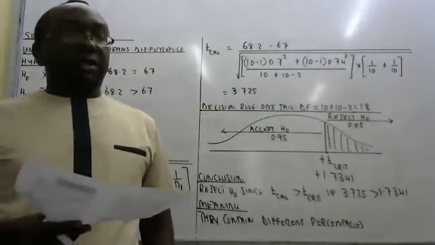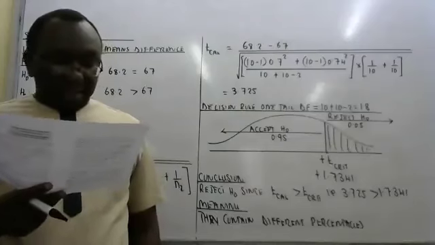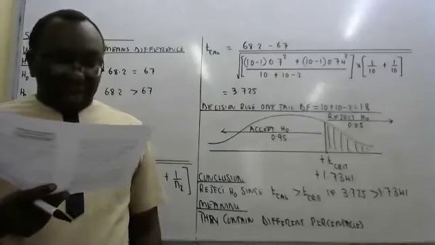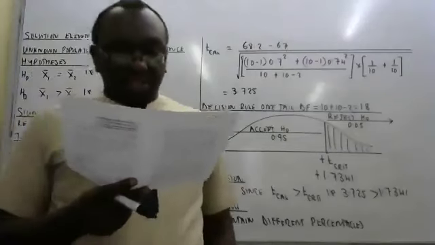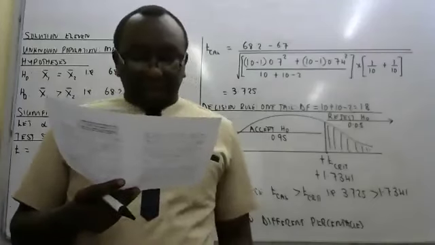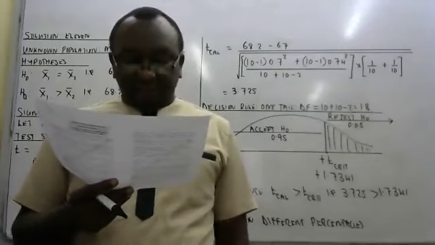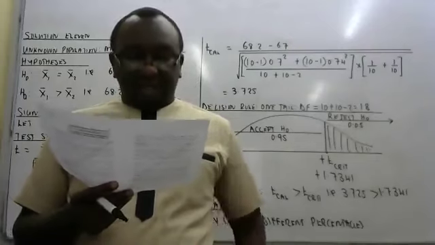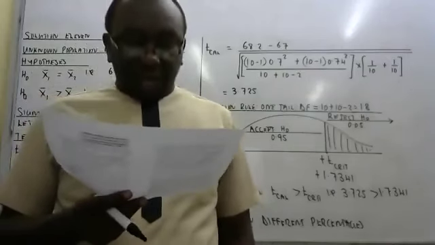Question number 14. Now in question 14, the internal auditors of a large company are interested in the system by which incoming invoices are processed. They take a random sample of 50 completed invoices and check them in detail for correctness of procedure. 4 are found to be defective in some way.